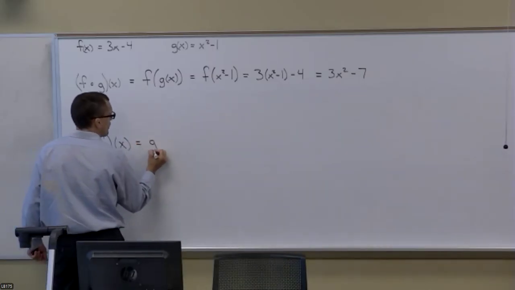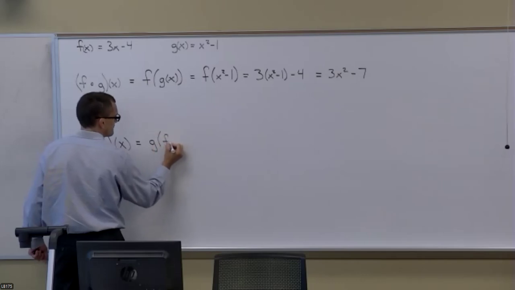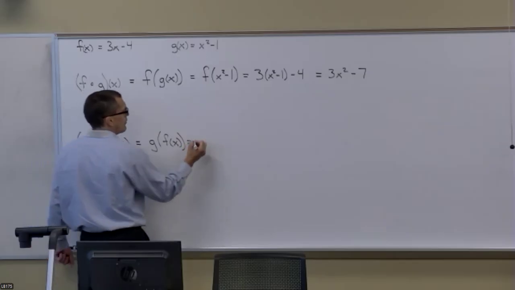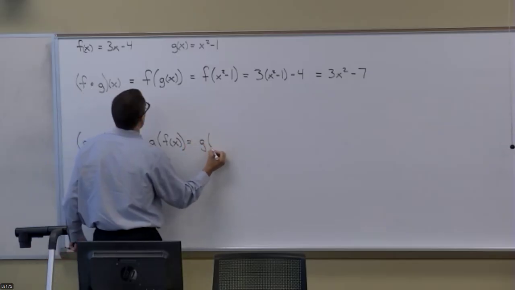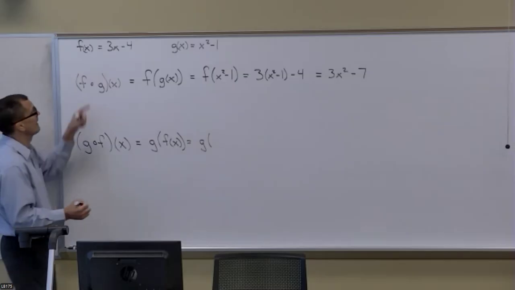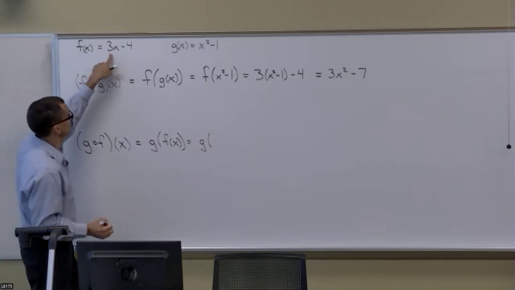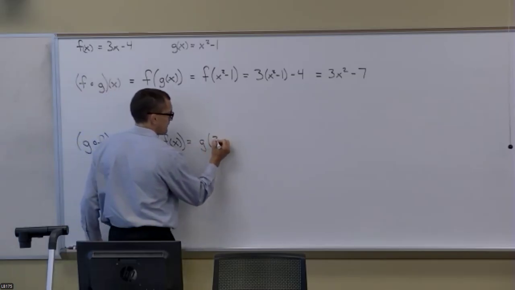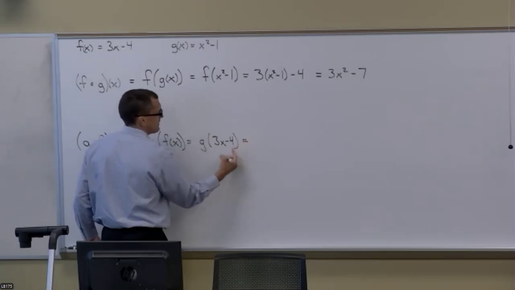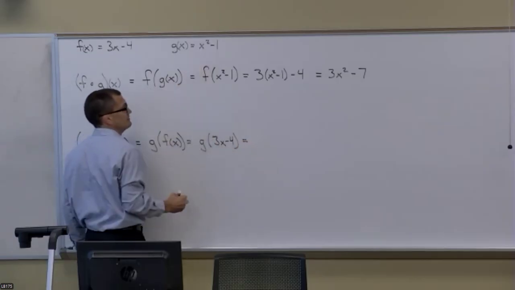Now, if you compose in the other direction, what you would do is you take the f of x and plug it in as the input for g. F of x is this expression here, 3x minus 4. So that's going to replace my variable in g.